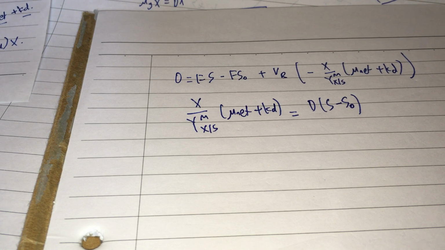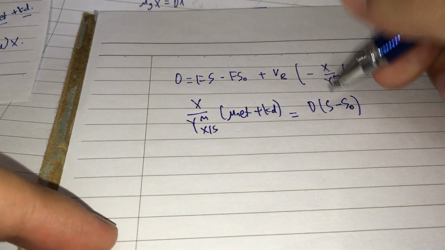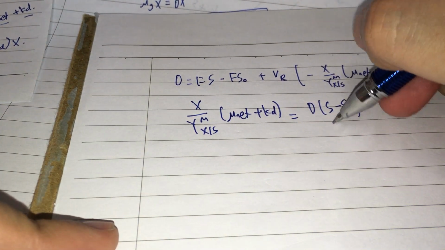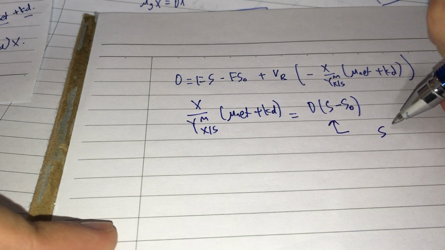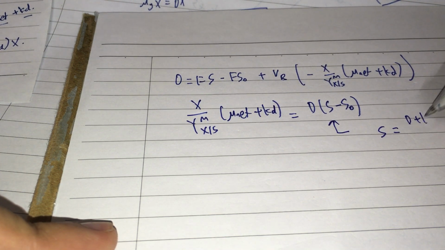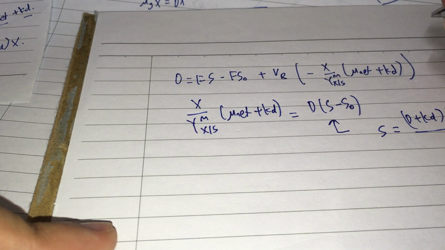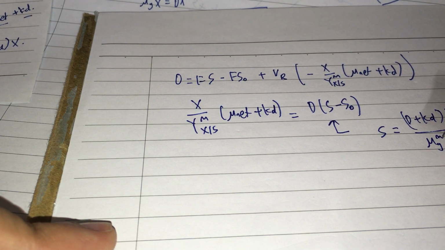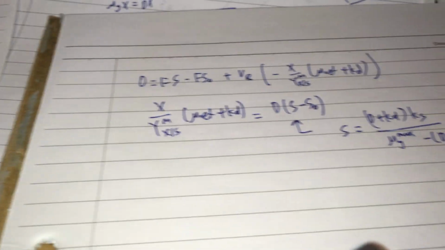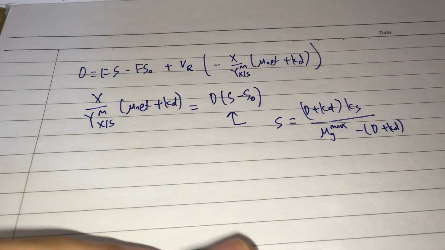Okay, so not too bad. Looks like we do have some kind of expression for s already. We have seen this, s equals ks times D plus kd over mu g max minus D plus kd.